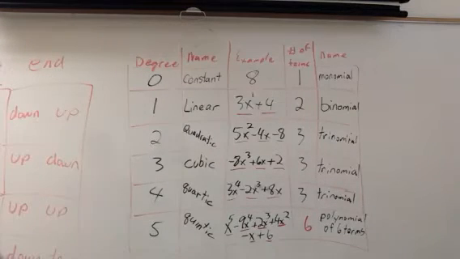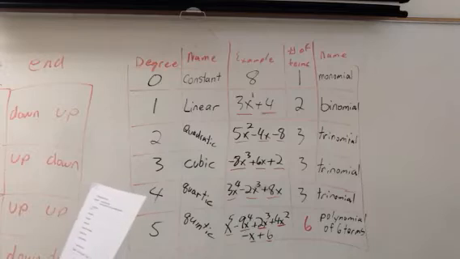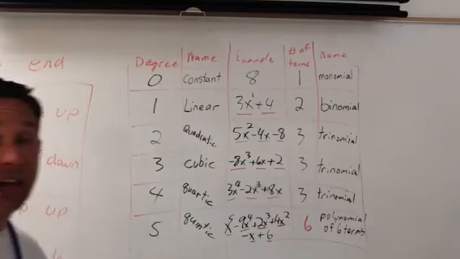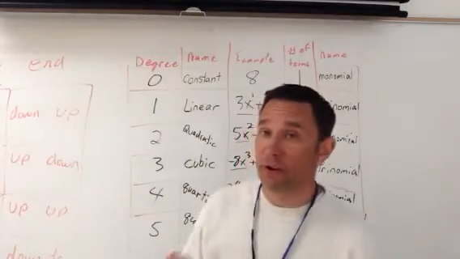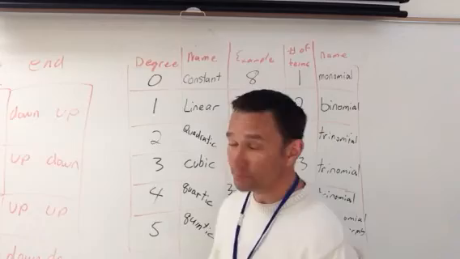We can also identify, just looking at the function, things like how many zeros it can have, the end behavior, how many changes in direction, like how many turns we have, and how many relative minimums and maximums. Today, we're just going to focus on end behavior, because this is a very important thing to think about.